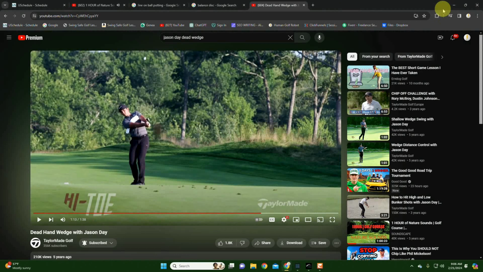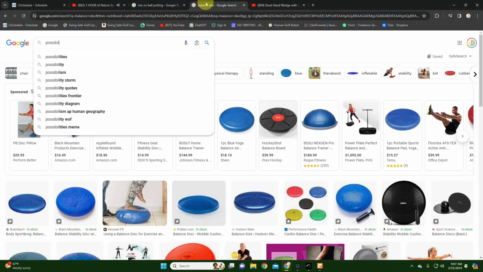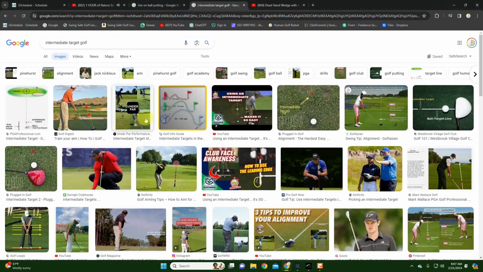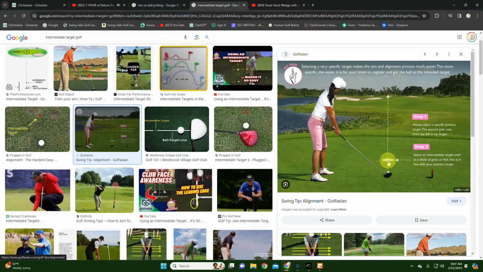Okay, and then let's see what else I wrote here. The club face, we have to cover what's happening with the club face. I put also we need to do an intermediate target with aiming, right? So, look, intermediate target in golf is when you pick a spot on the ground in front of the ball to where you're aiming.